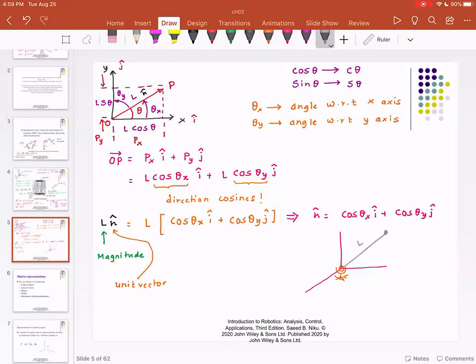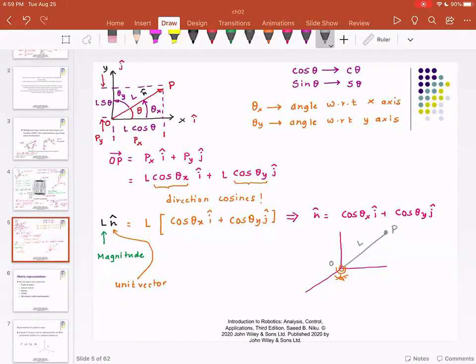The length of the manipulator is L. What I want to do is find the position of point P, which is the end effector, with respect to O.